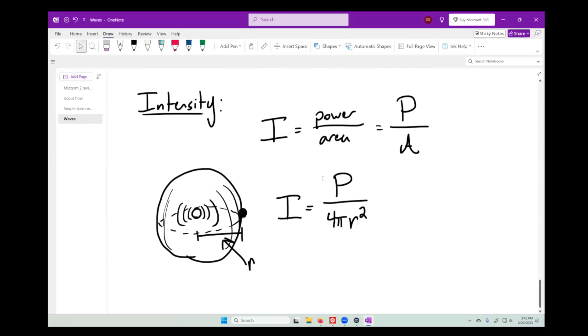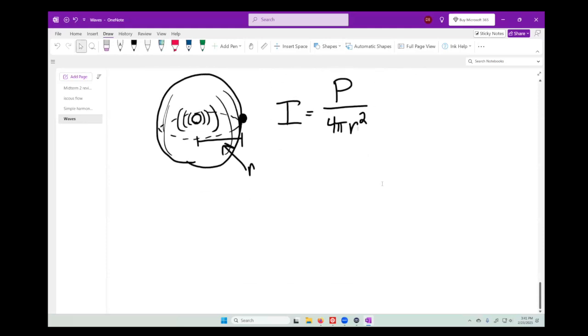And if we wanted to know how much power we get, let's say we had a microphone, we want to know how much power was being supplied to that microphone by the wave, we could just take the intensity at our location and multiply it by the area of the receiver, the diaphragm of the microphone.